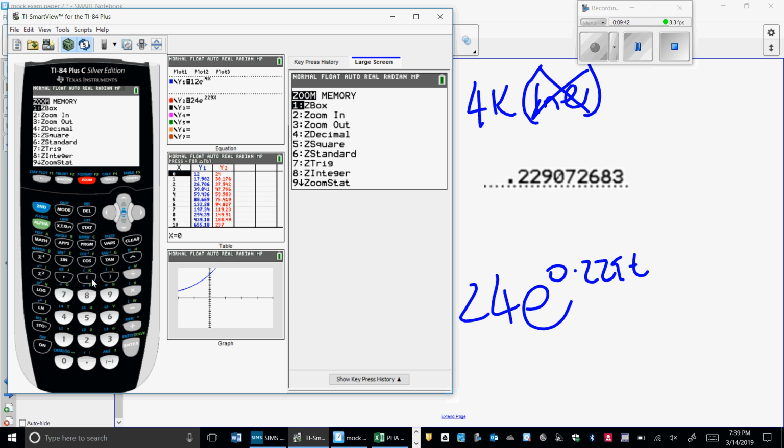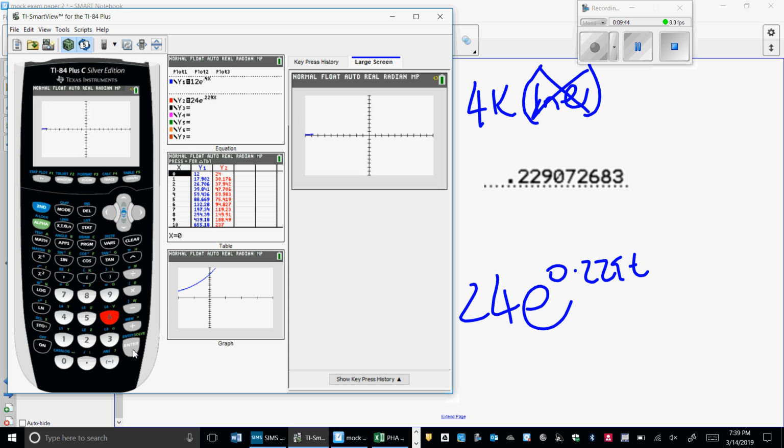Let's do standard. So that's graph A. That's graph B.